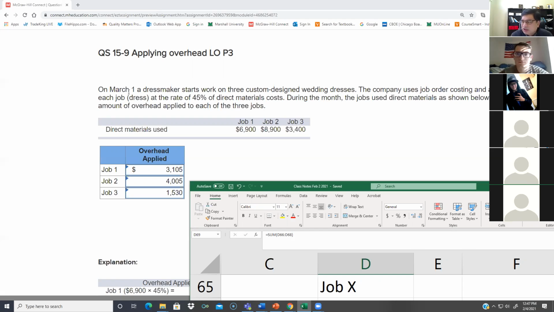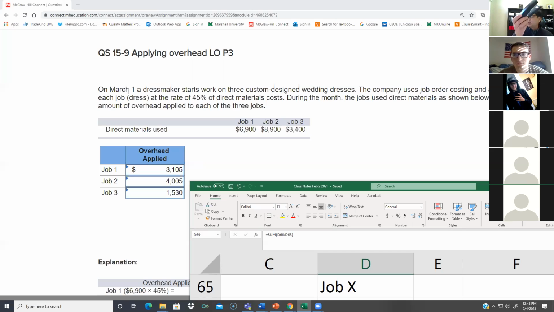For example, if Disney wants to get a custom ship made for them, it's a customized job. So generally when the job is customized, you need to use job order costing because you will be using different material, different labor, etc. for each of those.